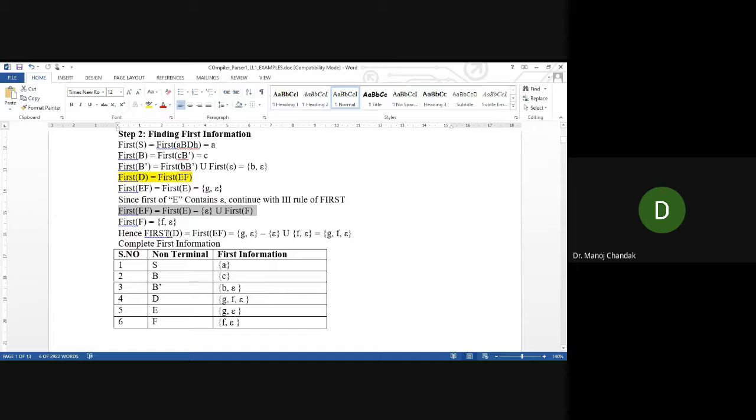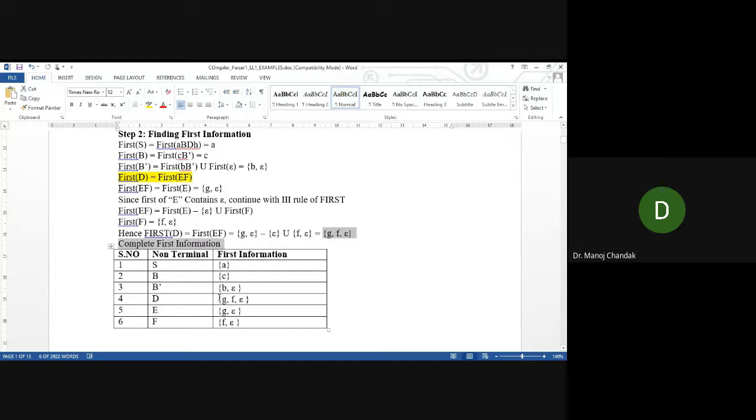Now we try to compute first of D. First of D is nothing but first of EF, and that is G epsilon minus epsilon union first of F, that is F epsilon. So you have G, F, and epsilon.